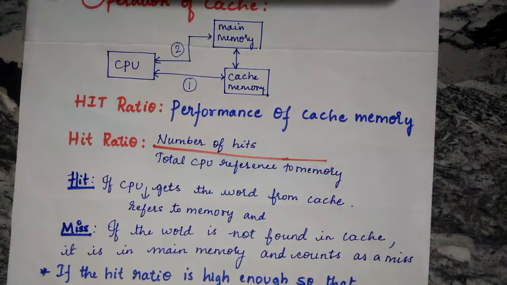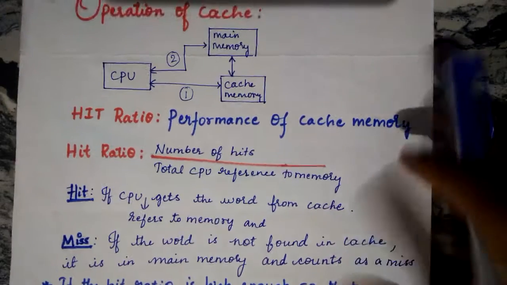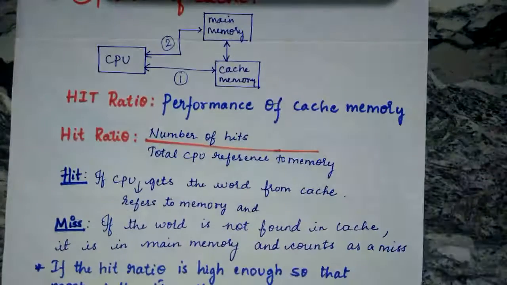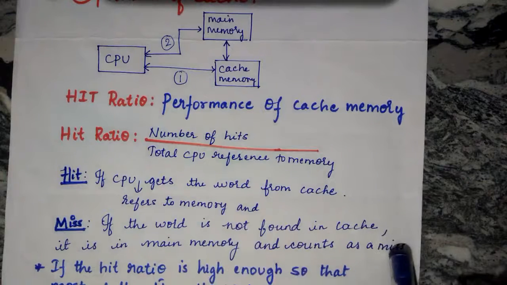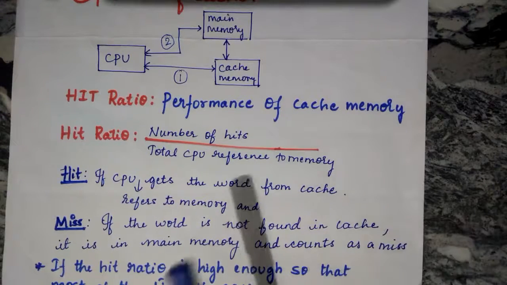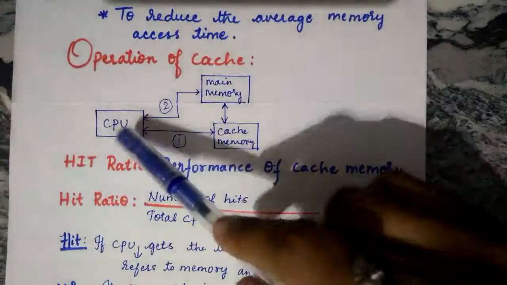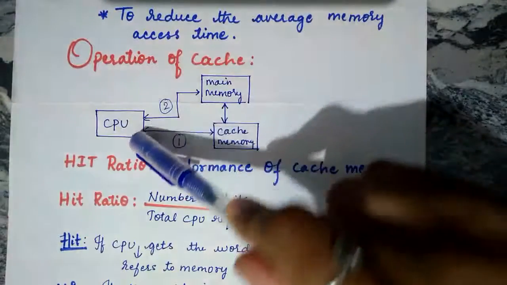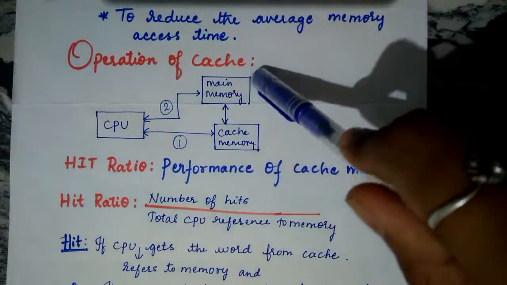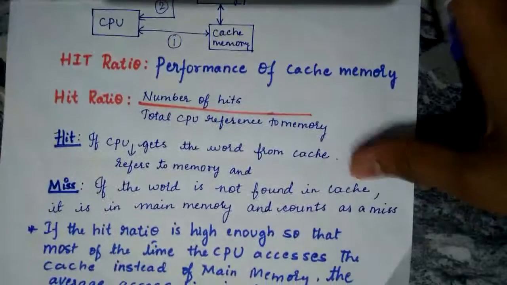Let's see what is hit and what is miss. Hit is when the CPU refers to the memory and gets the word from the cache. If the word is not found in the cache but is in the main memory, it is counted as a miss.